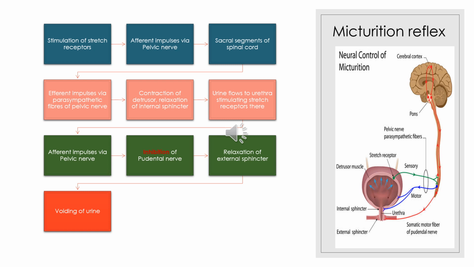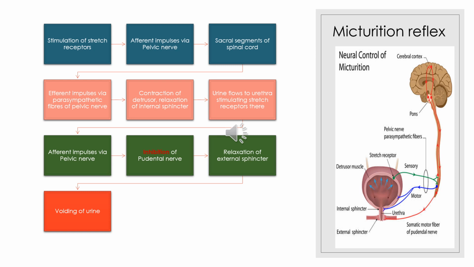urethra, the stretch receptors in the urethra are stimulated and send afferent impulses to the spinal cord via the pelvic nerve. So now the motor impulses are generated in the spinal cord that cause inhibition of the pudendal nerve.